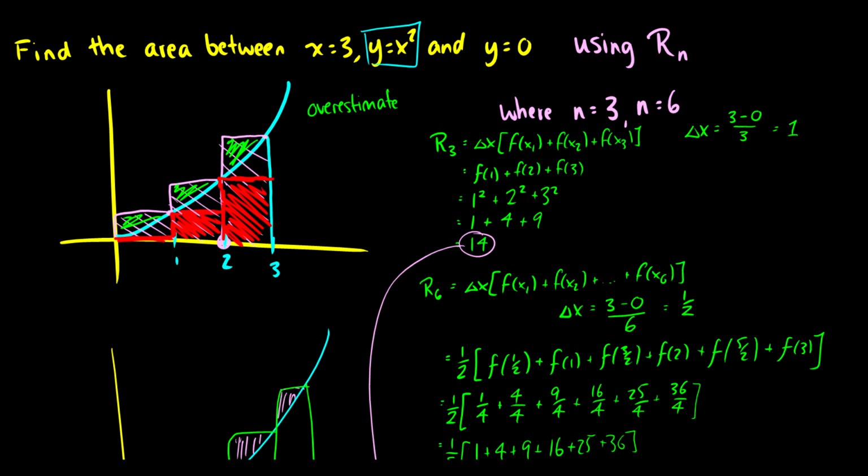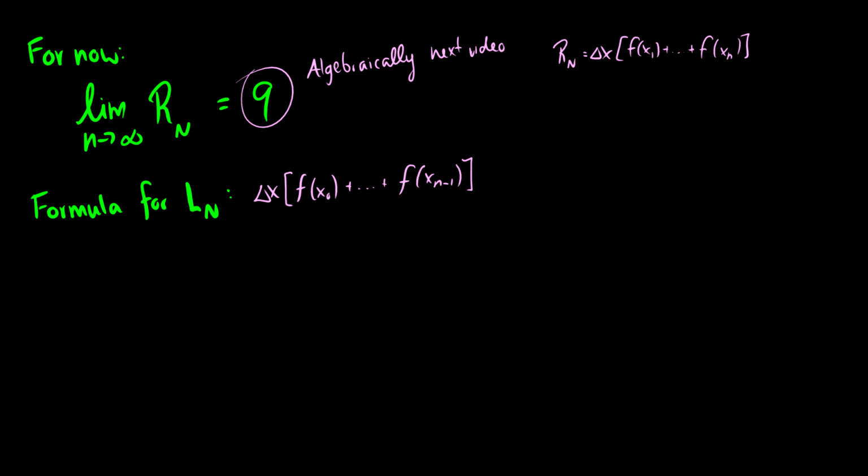And of course, this point would be f of x0, this point here would be f of x1, and this point here would be f of x2, and these would be the heights instead. So you can see we go all the way up to f of x n minus 1. So that is the formula for the left endpoints.